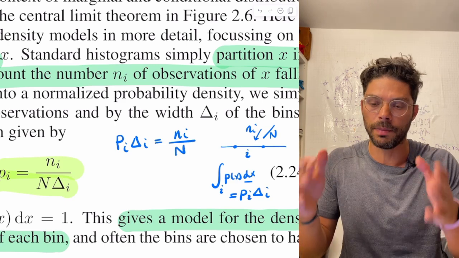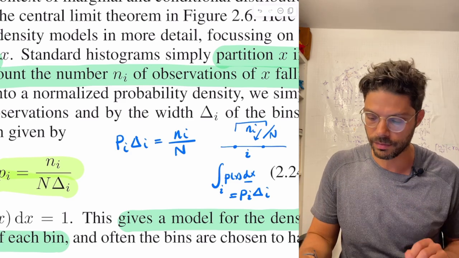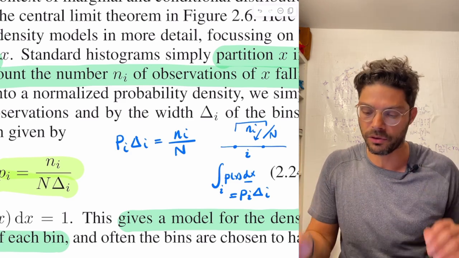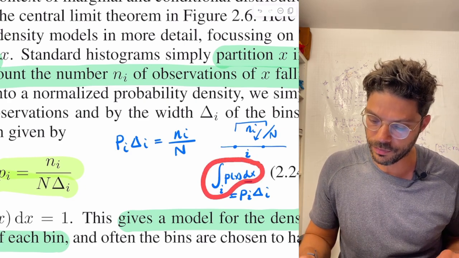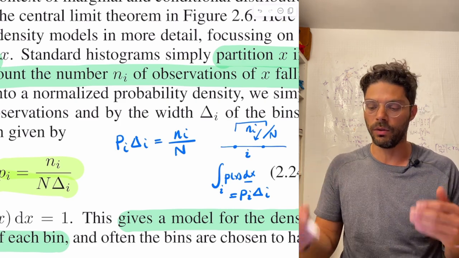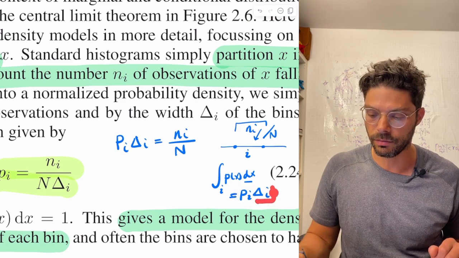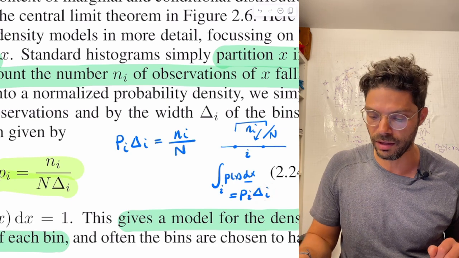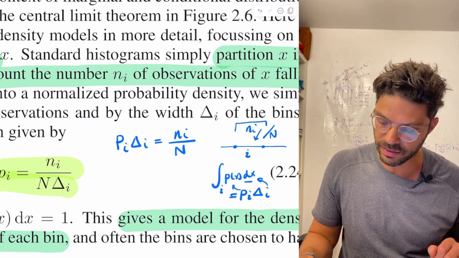So the total probability that we have in this interval is, in general, for whatever distribution, given by this expression. But for a histogram, it really simplifies because we're going to assign a fixed probability over the entire region, and the width is delta I. So this dx, so this is that, and this is that.